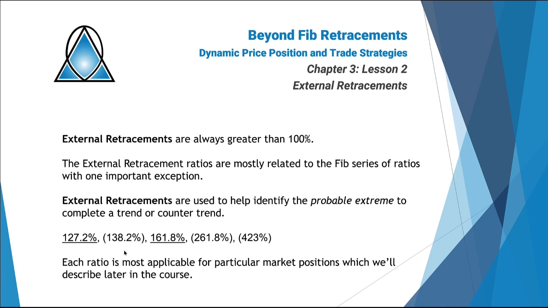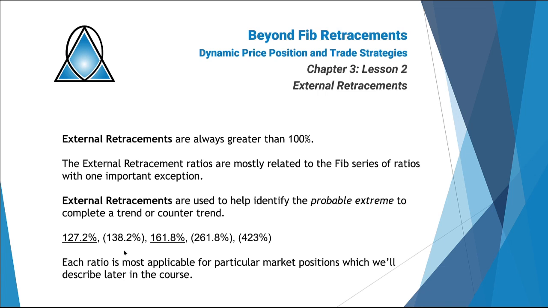So the external retracements, the ratios that we use, we begin with 127.2%. Now that ratio is not directly part of the Fib series of ratios. 127.2% or 1.272 is the square root of 1.618.